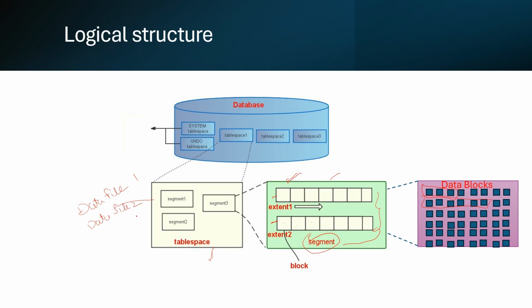This is how your actual data will be stored in the system. It will first go to the tablespace, then the segments, extents, and then data blocks. Even for reading, it first reads from the data blocks, and then segments, extents, and tablespace.